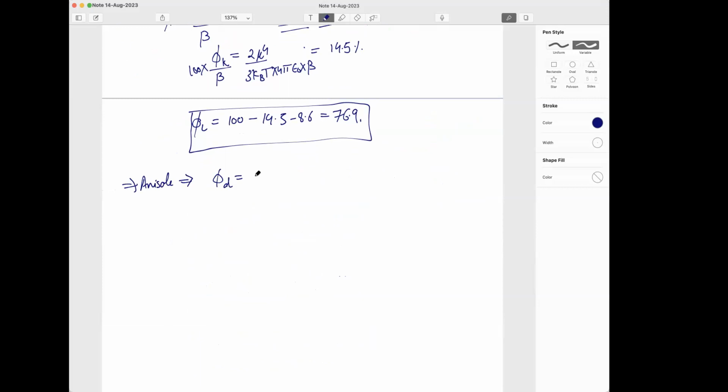It is coming out to be 6% for Dubai, and for London it is coming out to be 88.5%. So you can go back and check it.